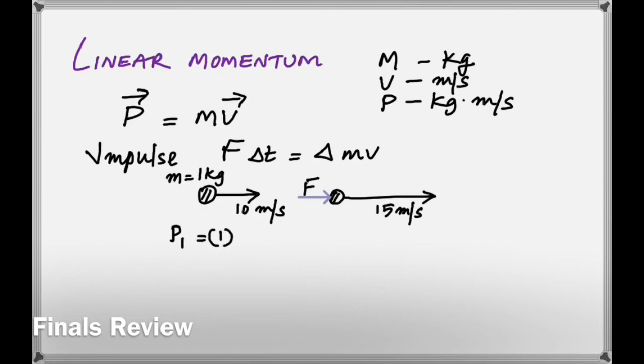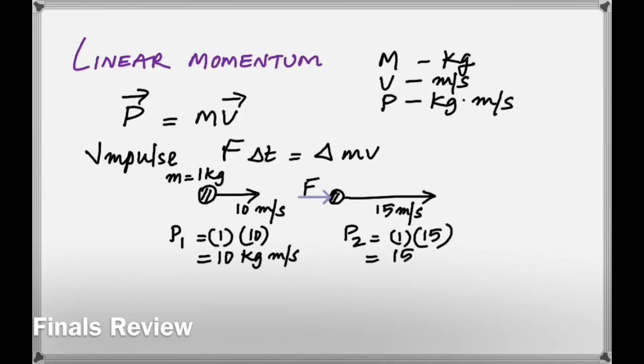So what you do is you find the initial momentum, which is mass times velocity. So 1 times 10 is the initial momentum. And then you find the final momentum, which is 1 times 15. That's the final momentum, isn't it?